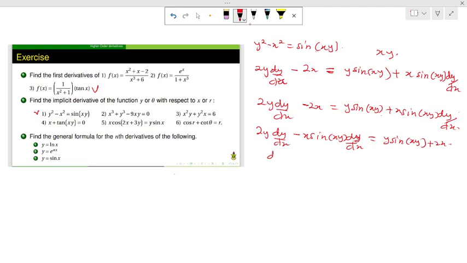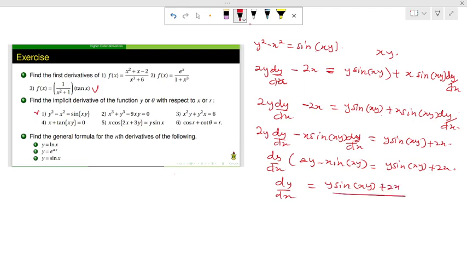I factorize the dy over dx out, and I'm left with 2y minus x sine xy is equal to y sine xy plus 2x. Then I divide through. So dy over dx is simply equal to y sine of xy plus 2x all over the expression 2y minus x sine xy.